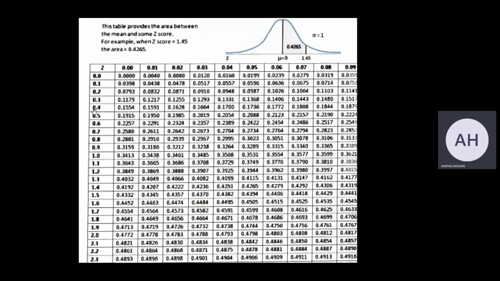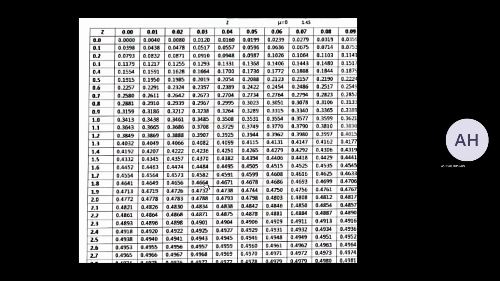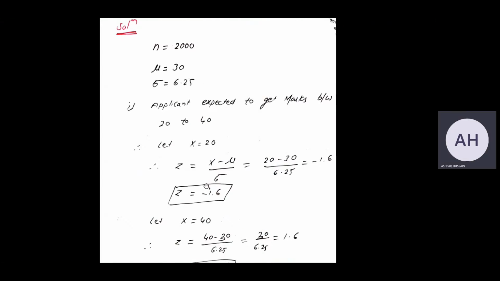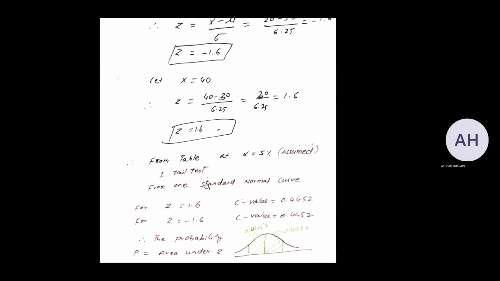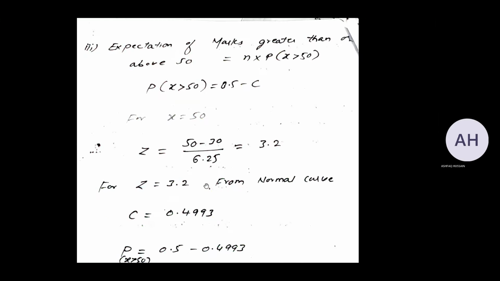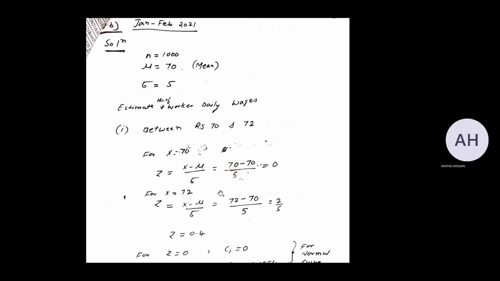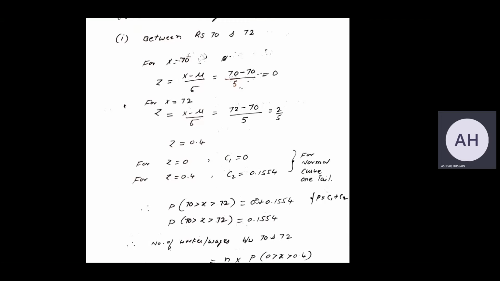Observe here, for z equal to 0.4, C is 0.1154. So the probability of x between 70 and 72 is adding C1 and C2.